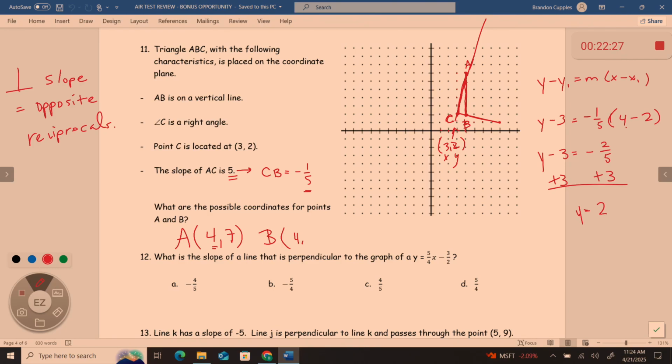Oop. I don't think I did that right. 4 minus 2 is 2, multiplied by negative 1/5. So now we have a negative 2/5. If I add, oh, you know what I did? I switched the x and y value. Let's fix this. This should have been 2 and this should have been 3.